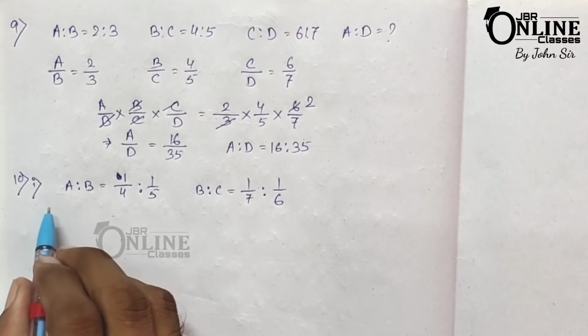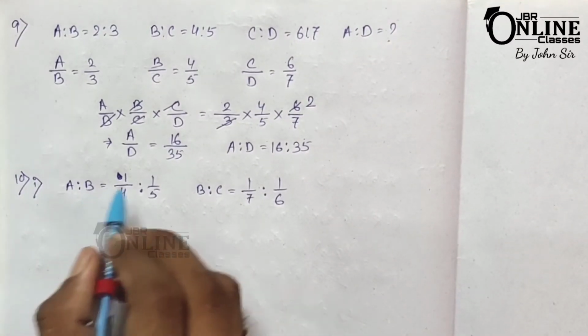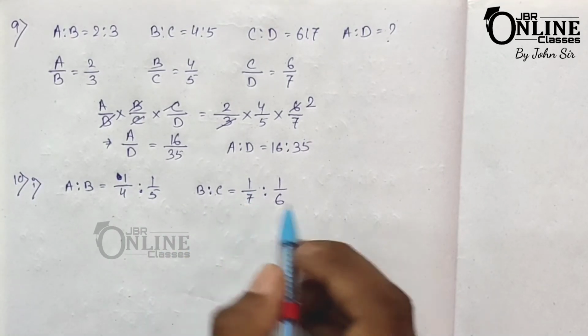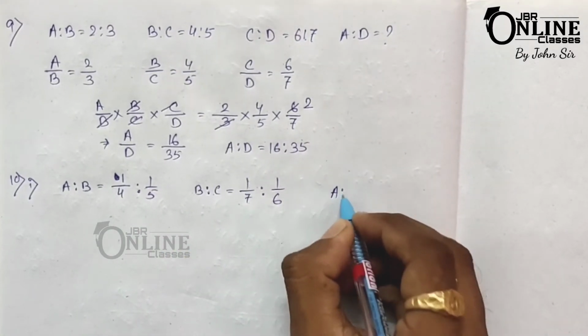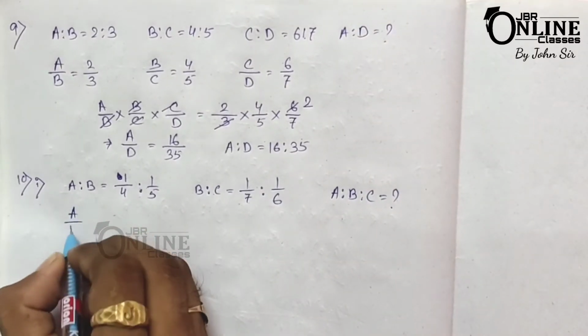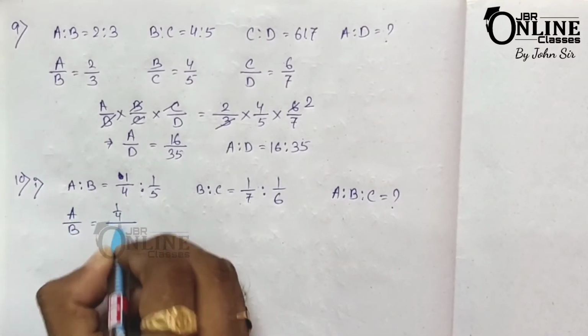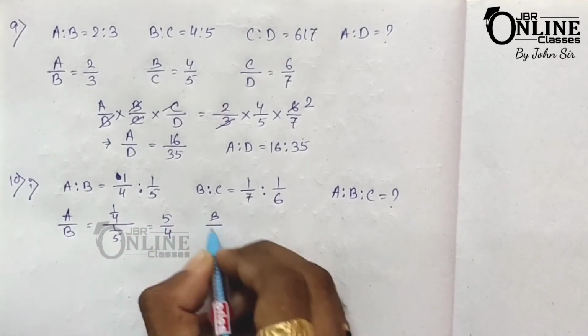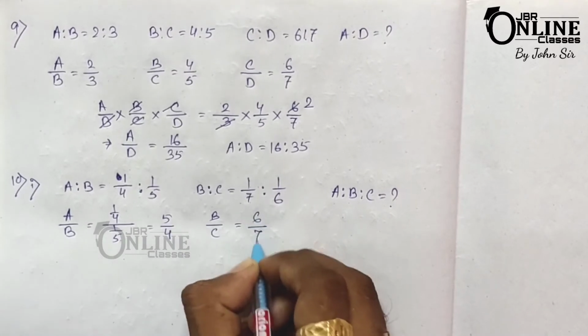Now sum number 10. In sum number 10, if A is to B equals 1 by 4 is to 1 by 5 and B is to C equals 1 by 7 is to 1 by 4, then find out A is to B is to C. Okay, so here first A by B. Now A by B equals 1 by 4 by 1 by 5, and that becomes 5 by 4. Now next one B by C, and B by C equals 6 by 7.